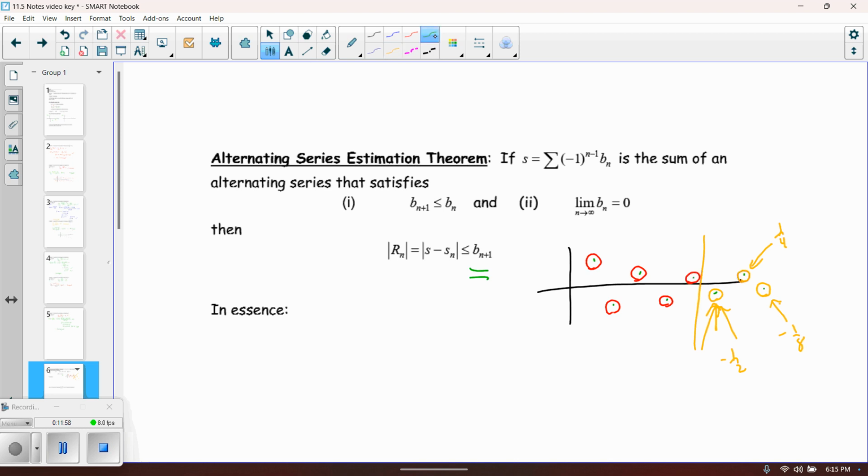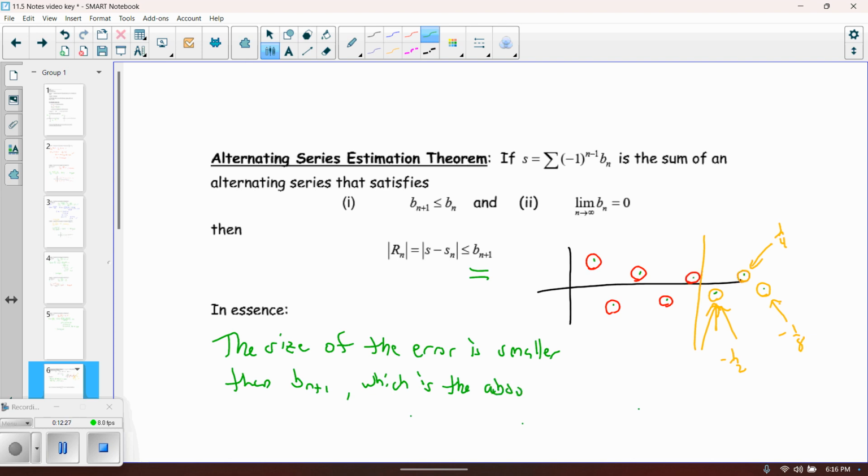We'll actually write that out in words. So the size of the error is smaller than the b sub n plus 1, which is the absolute value of what's called the first neglected term.